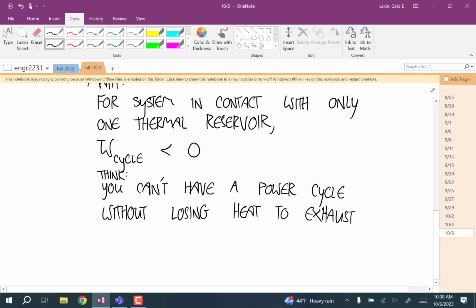So think of what a power cycle is. The system can't be more than 100% efficient, essentially. It has to be less than 100% efficient. So whatever amount of energy you get from the boiler, from the fire or whatever, you can't turn that all into work. Some has to be output. Okay.